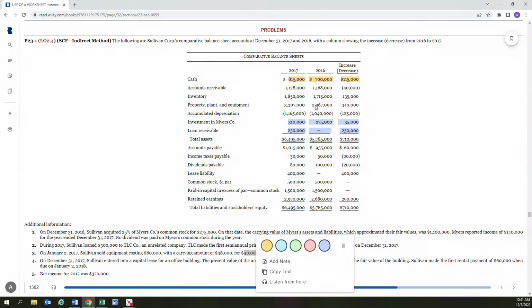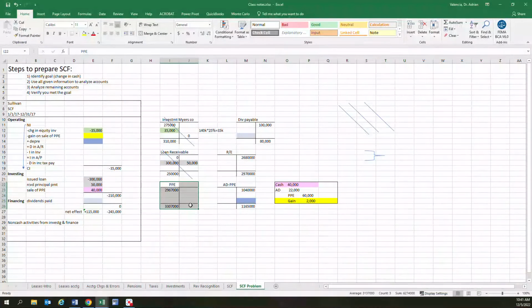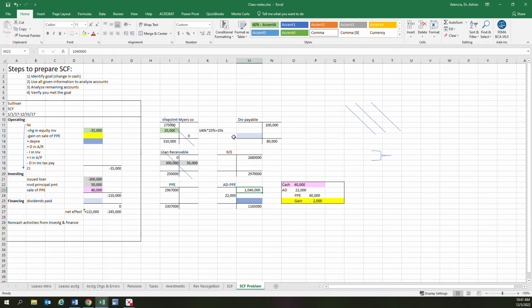And then here's property, plant, equipment. Started with 2.9, it ended with 3.3. So that's what this is, 2.9 and 3.3. So I'm going to post this debit here of 22,000. Perhaps it would help to put a comma here so that you can see the numbers easier.